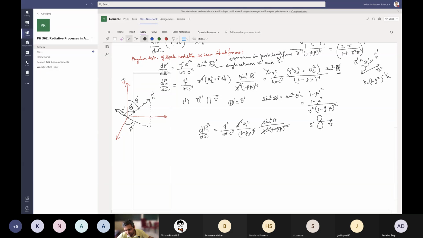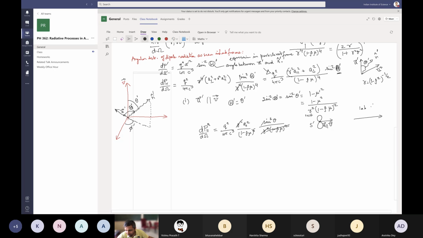So this is V, and acceleration is parallel to V. So this is the particle rest frame. In the lab frame, what does it look like?